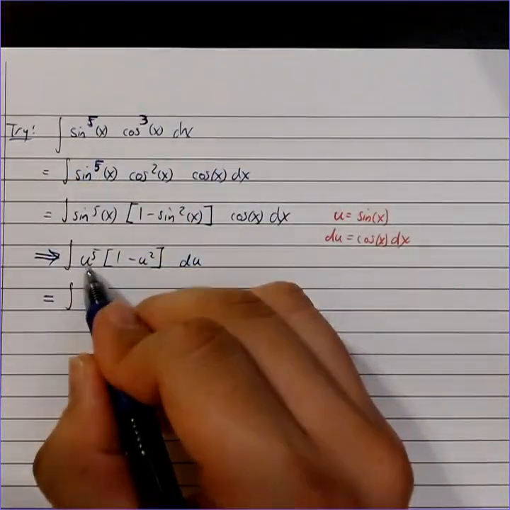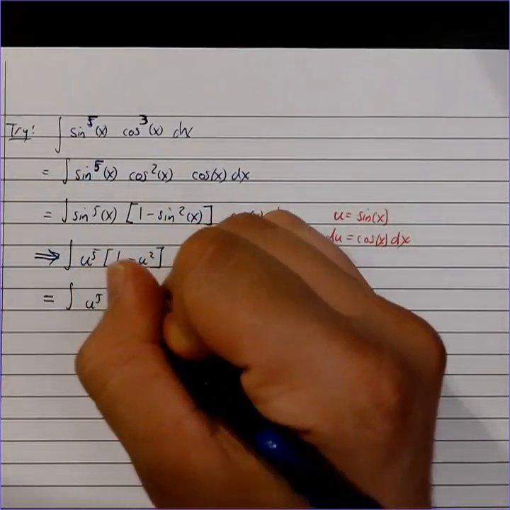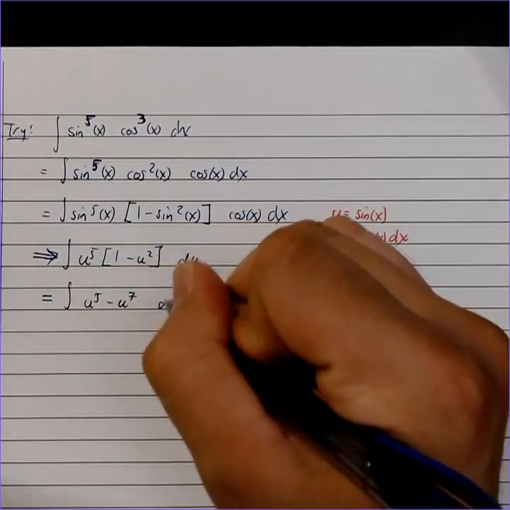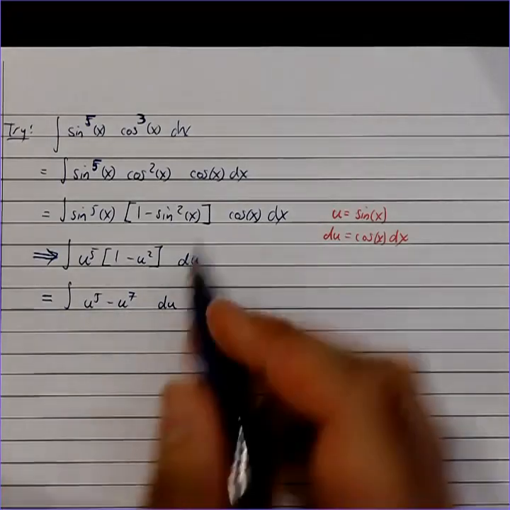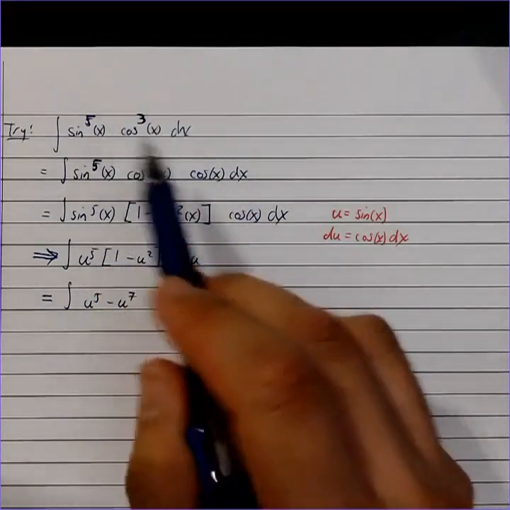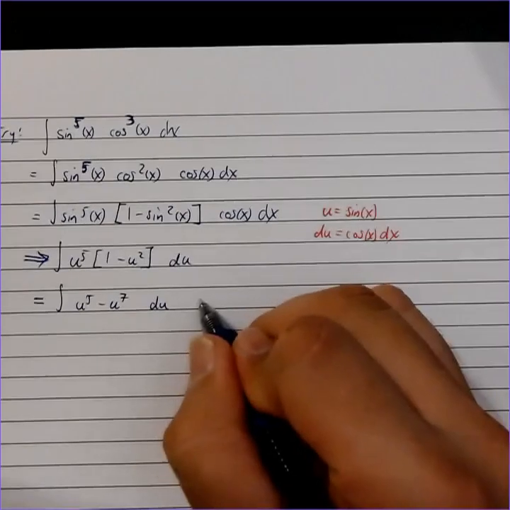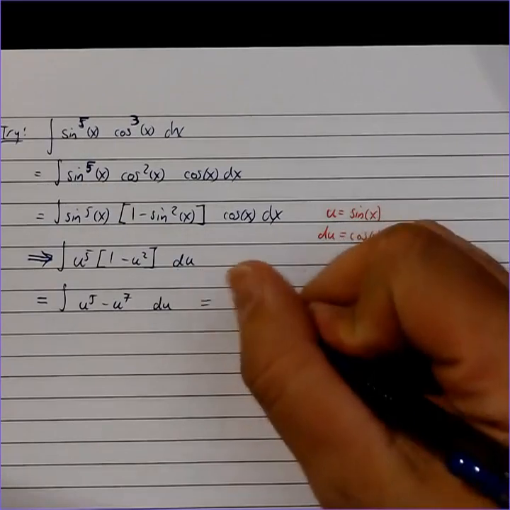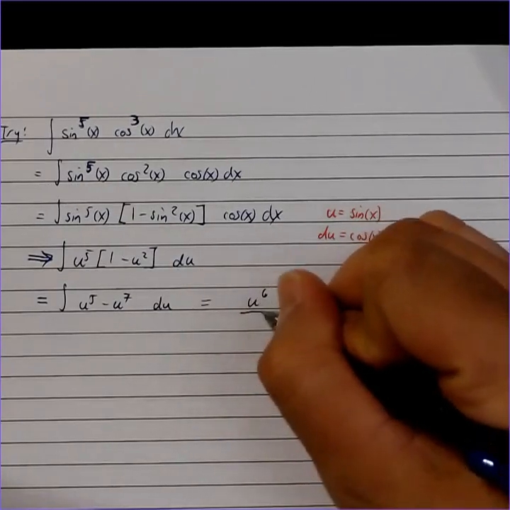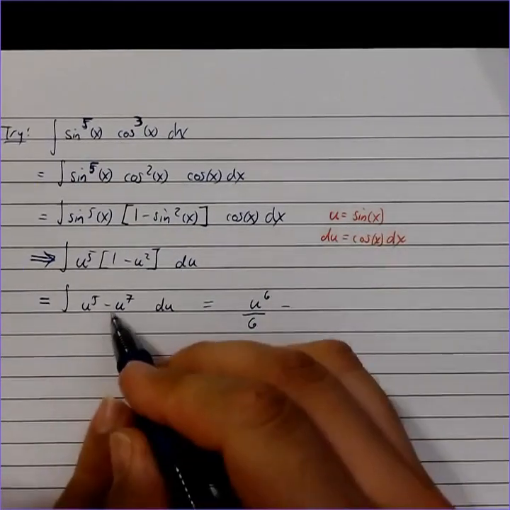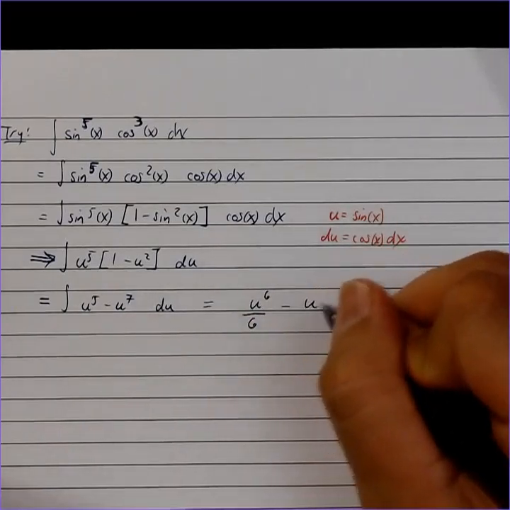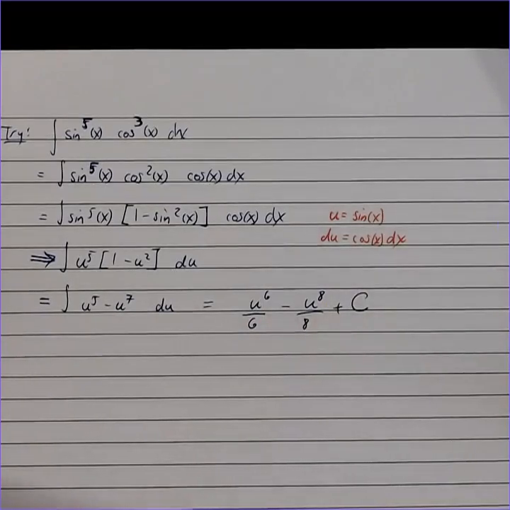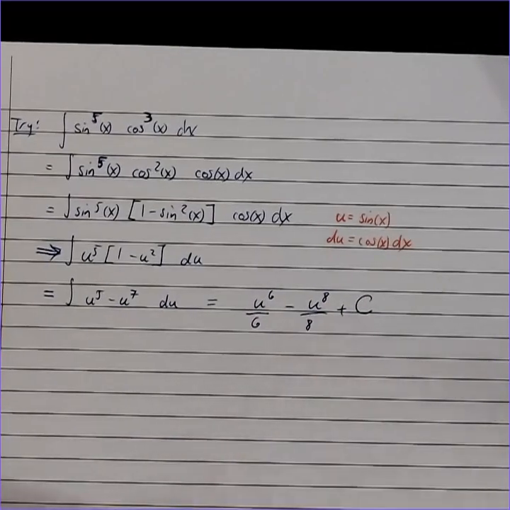That can now be written as u to the 5th minus u to the 7th du. And now we've gone from a less than pleasant expression to something polynomial, which is a lot simpler to handle. The integral of u to the 5th with respect to u is going to be u to the 6 over 6 minus the integral of u to the 7th with respect to u, that's u to the 8th over 8 plus a constant of integration, as the prophecy foretold.